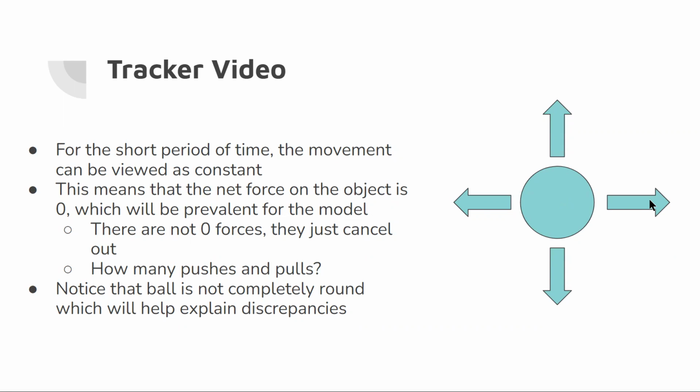Now looking at the positive x and negative x direction, the force in the negative x direction would be the friction force, and the force in the positive x direction would essentially be the ball pushing against the floor as it is rolling. Ultimately, the positive y and negative y will cancel out, and the positive x and negative x will cancel out, which will achieve a 0 net force. But we can also notice that the ball is not completely round, which will help us explain the discrepancies we'll see later in the lab report.